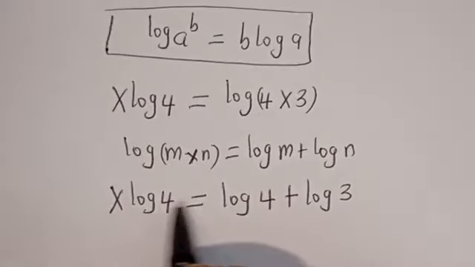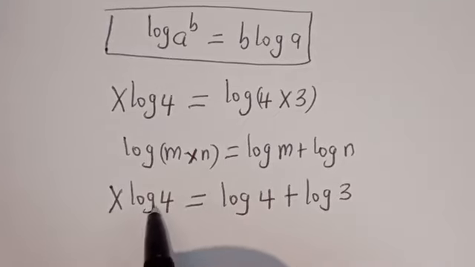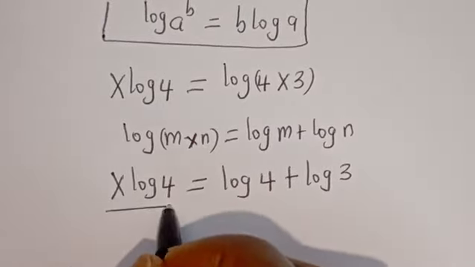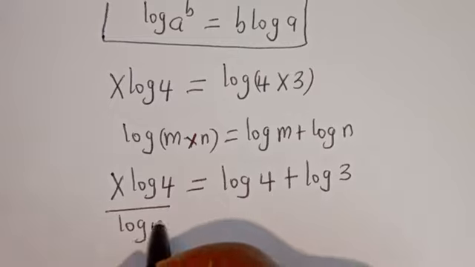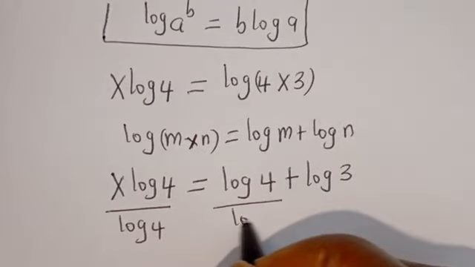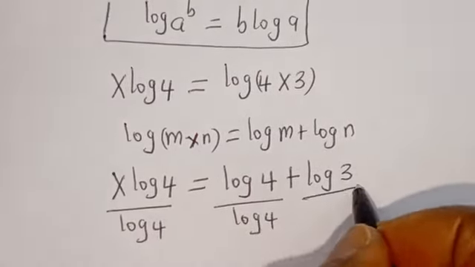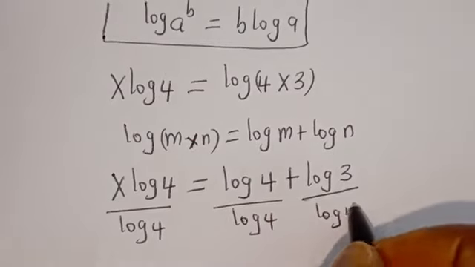Let's divide both sides of this equation by log 4 because we are looking for the value of s. This is divided by log 4, this is divided by log 4, and this is divided by log 4.